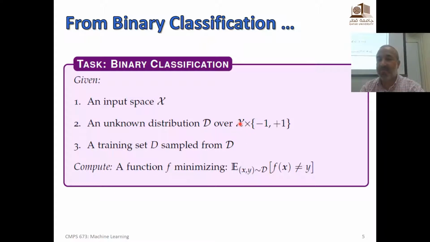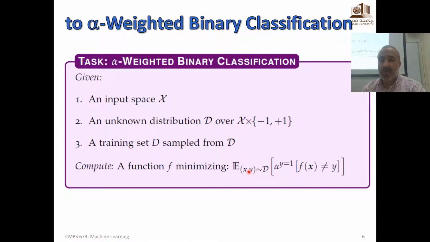Each example from that distribution has a label of either negative or positive, and we sample the training set from that distribution, and we want to minimize the error. Error here happens when the predicted label, using the function that is trained, is not equal to the actual label. You saw this probably before. And this is done on the original distribution of the data, I mean the sample that we have.